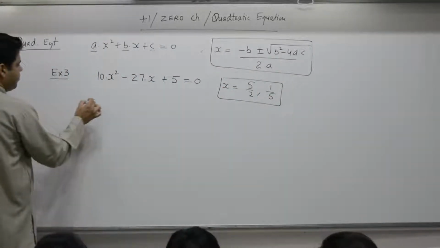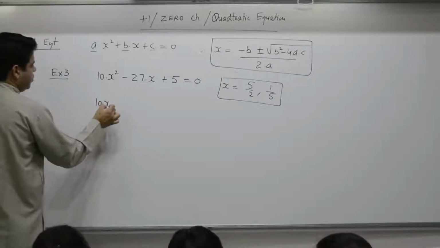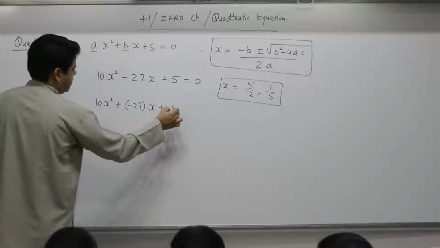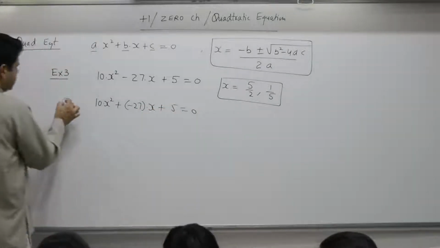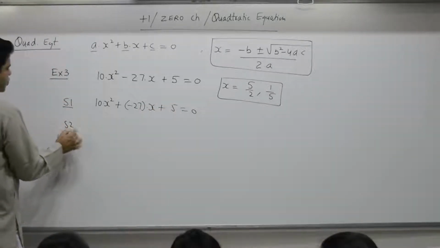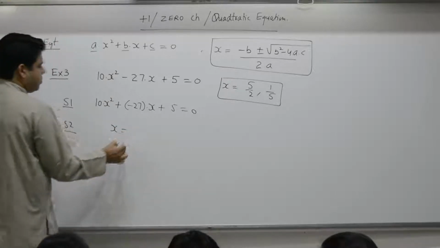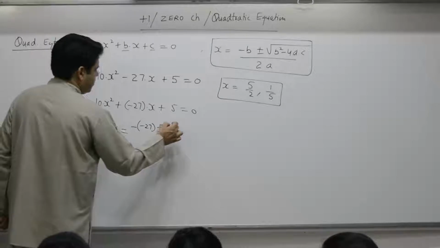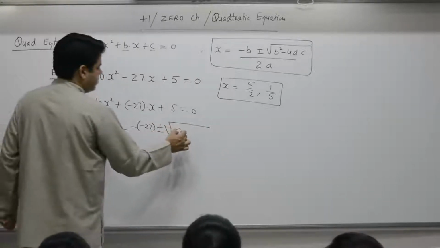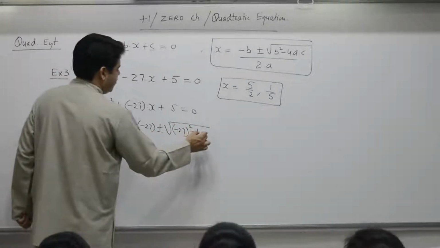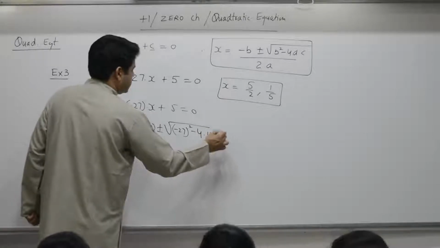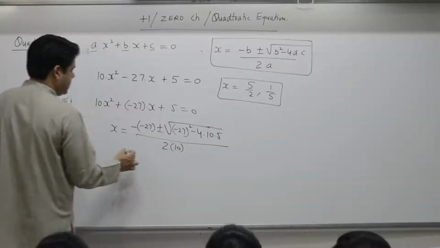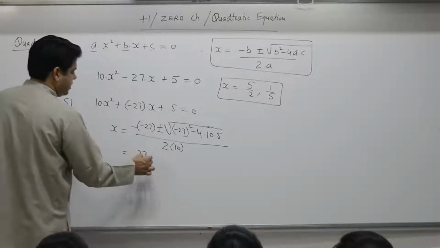Again, step 1 is what? Bolo? Standardize. This is step 1. Step 2, x is equal to minus b plus minus root of b square minus 4 AC divided by 2 into 10. 27 plus minus.